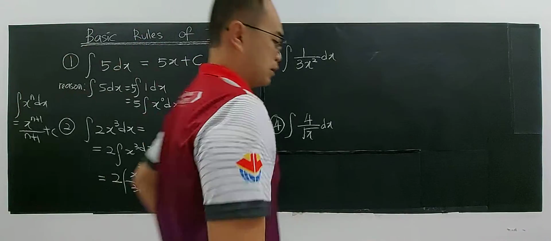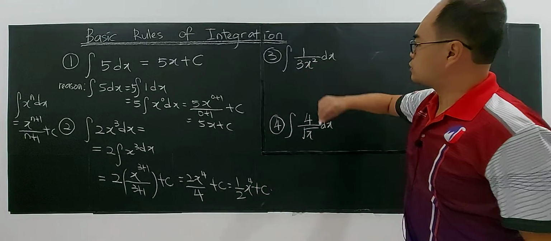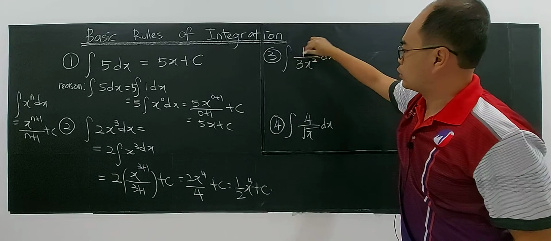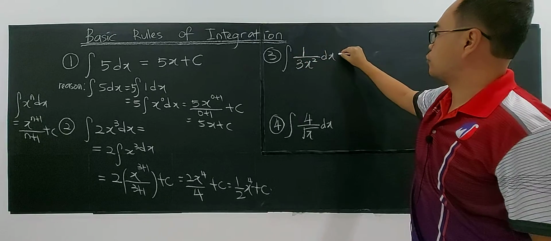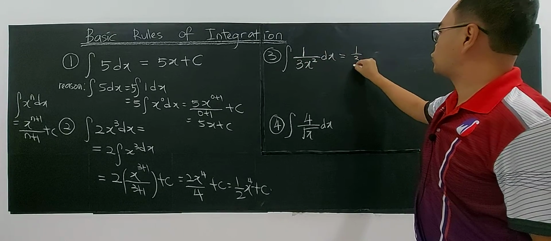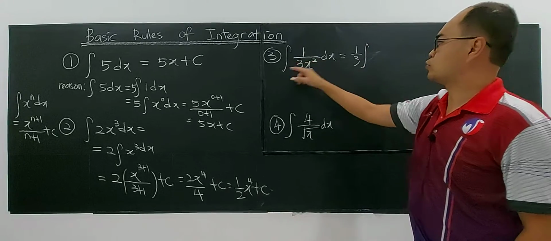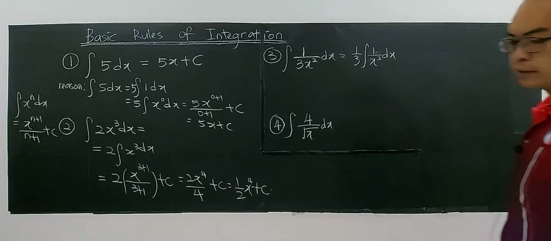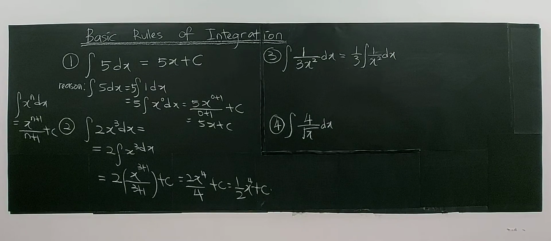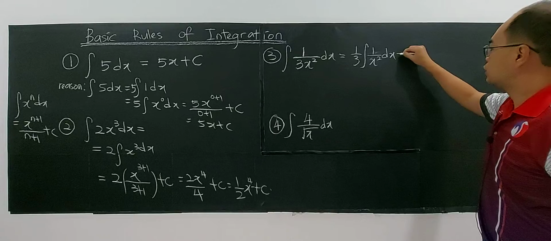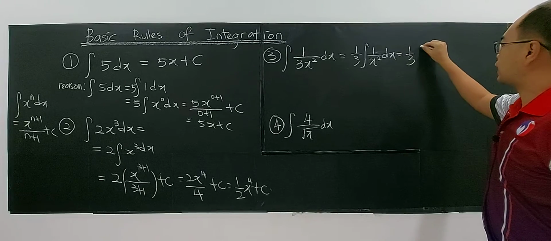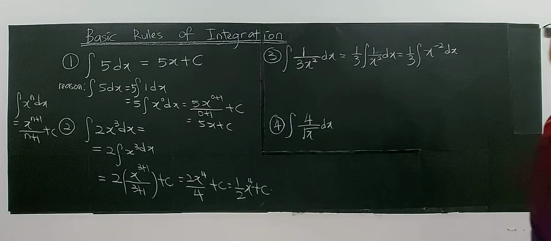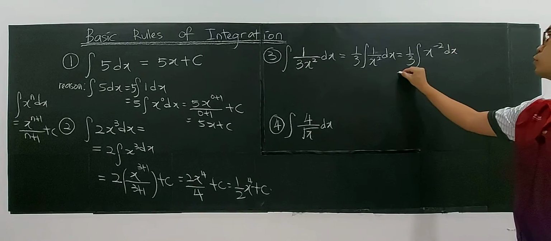Now, this is a reciprocal function, so the x is in the denominator and you have to bring it up. I factorize 1 over 3 out, leaving 1 over x to the power of 2 dx. Before you apply the basic rule, by index, 1 over x to the power of 2 is x to the power of -2.